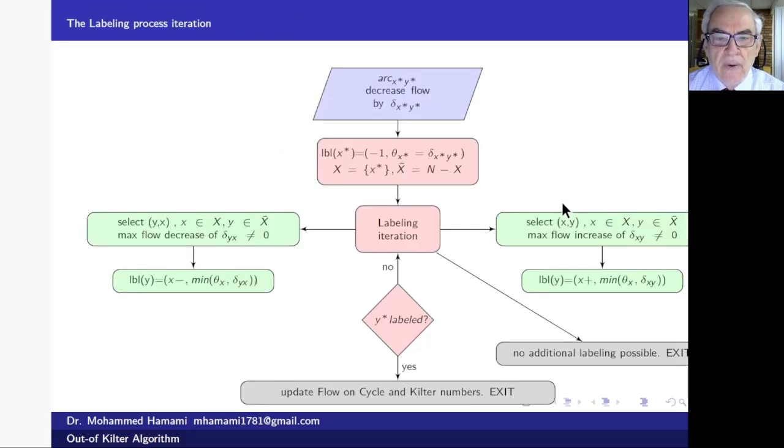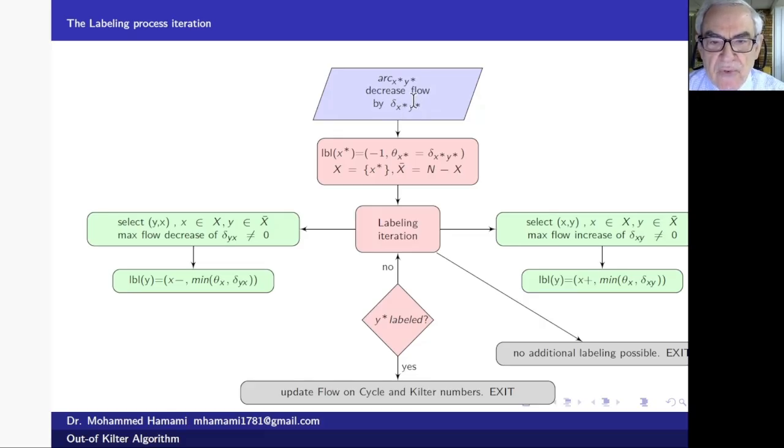Okay. Now let's describe formally the labeling procedure that will enable us to find those loops, those cycles. We enter here with an arc x star y star, and the table tells us to decrease the flow by this much, a maximum of this.